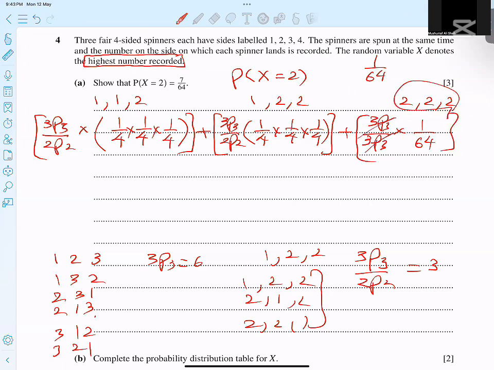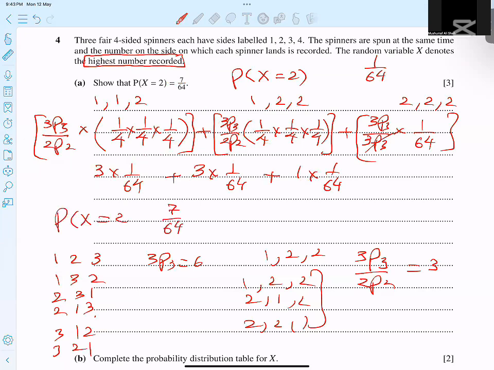We get one option, whereas we have here three options and here three options. If I type in calculator, this gives 3 times 1/64, and this gives 1 time 1/64. 3 plus 3 is 6, plus 1, 7. So the answer is totally matched. Alhamdulillah Rabbil Alameen. I believe the concept is very clear.